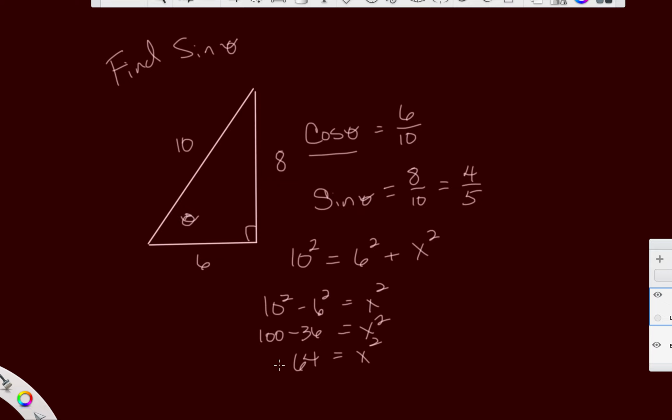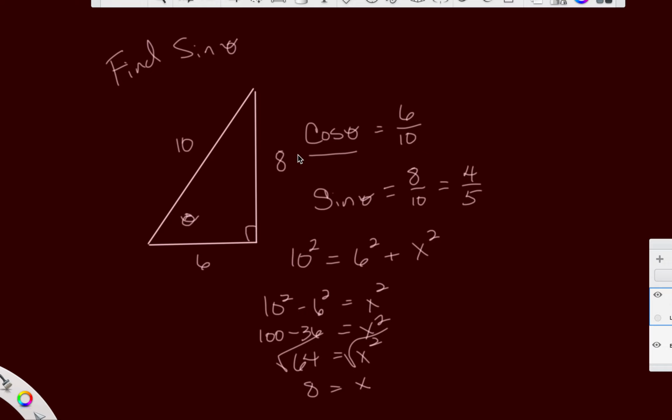And we take the square root of both sides, and we get 8 equals x. And of course, you don't have to worry about the positive or negative values, because we can't have negative length or negative distance on a triangle. All right, that's a physics thing, and we'll get to that when you take physics, or if you take physics.